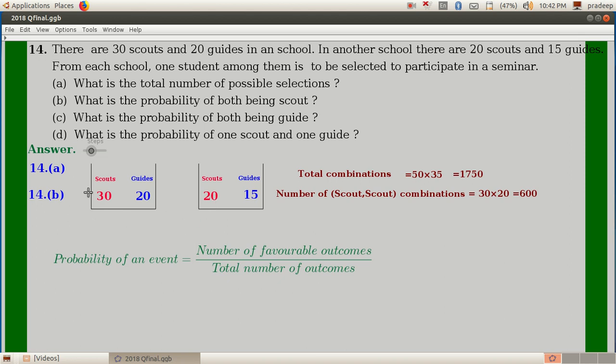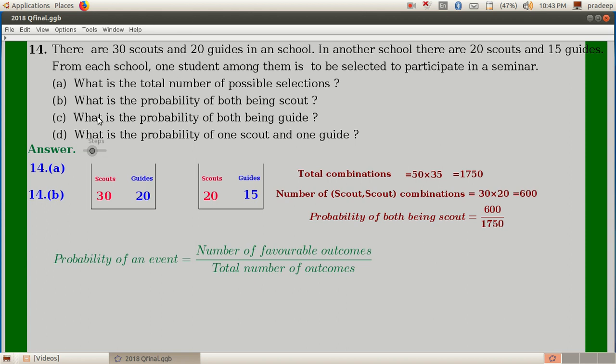The number of combinations is 30 into 20, that's equal to 600. There are 600 scout combinations. Therefore, the probability of both being scout is equal to 600 divided by 1750. This is the total combinations, and these combinations are favorable to the occurrence of both scout combinations.